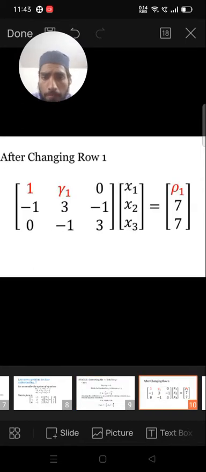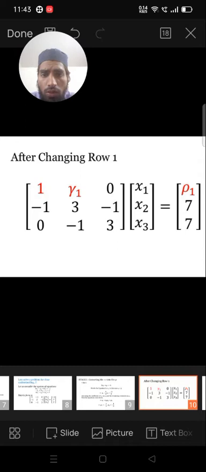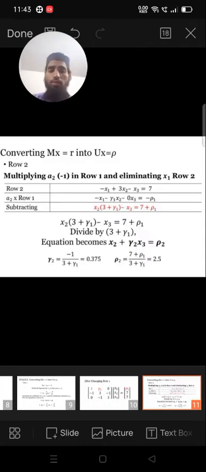Assuming the coefficient of x2 as y1 and the remaining constant as p1, the equation converts to x1 plus y1 x2 is equal to p1, taking p1 is equal to -1 by 3 and y1 is equal to -1 by 3. After this we are changing row 1.